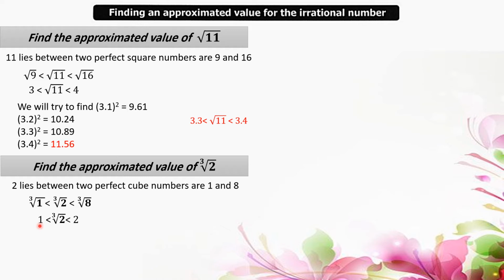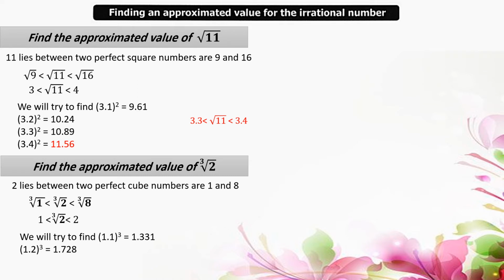1.1 but power 3. If we have the square root of any number, we will put the number power 2. But for the cube root of the number, we will start with the decimal point 1.1 but power 3, which equals 1.331. We want to reach the number 2.